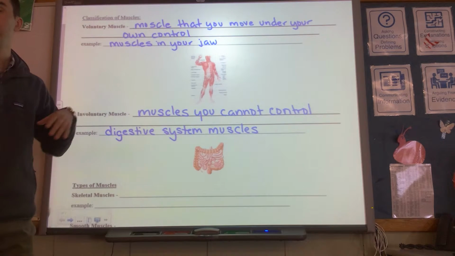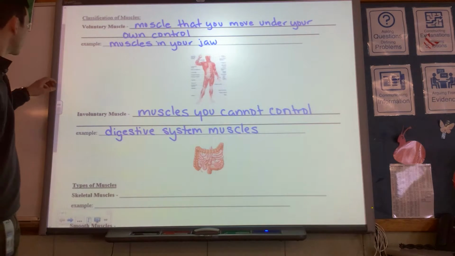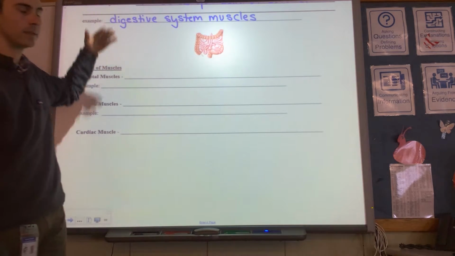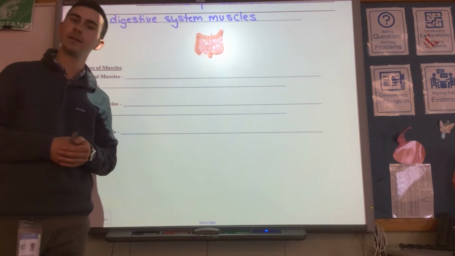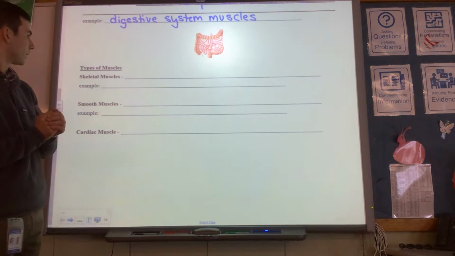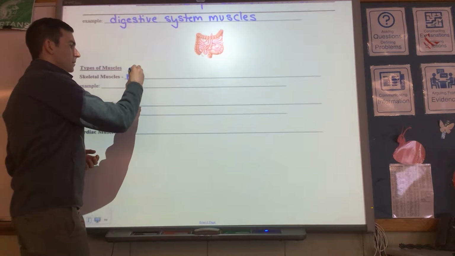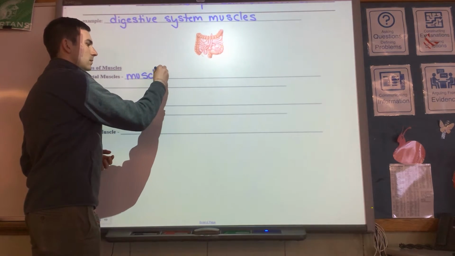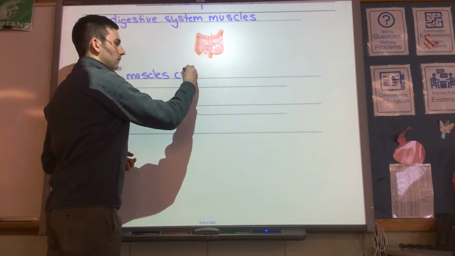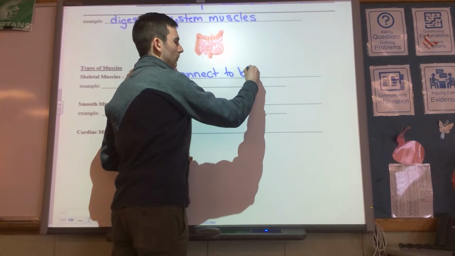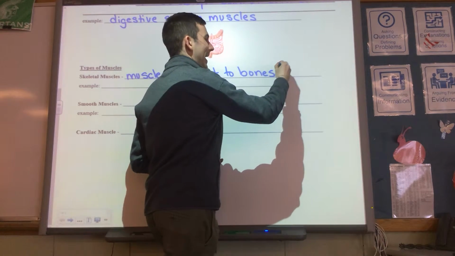Under these two broad categories of muscles, we have three other types of muscles, and again, these are going to fall underneath either the voluntary type of muscles or involuntary muscles. The first type that we're going to talk about are skeletal muscles. These are muscles connected to your bones by tendons.